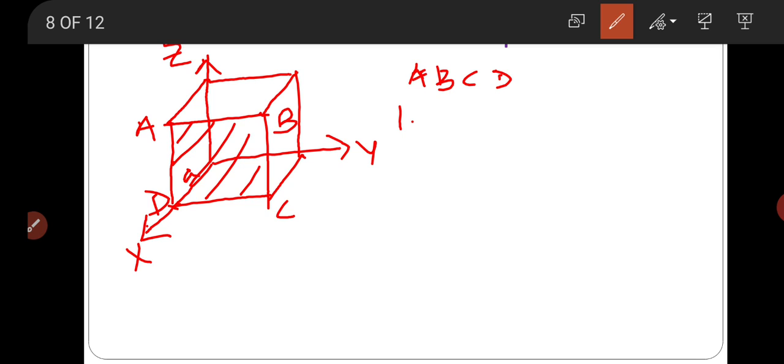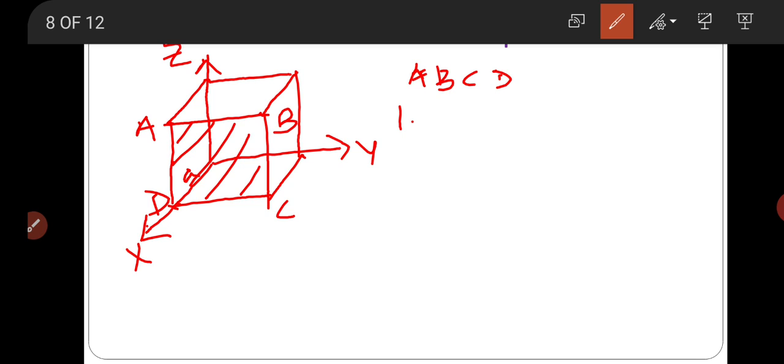Before writing the intercepts, understand that when this plane intersects the x-axis, then naturally this plane is not intersecting the y and z axes. So we can say this plane is parallel to the y and z axes.